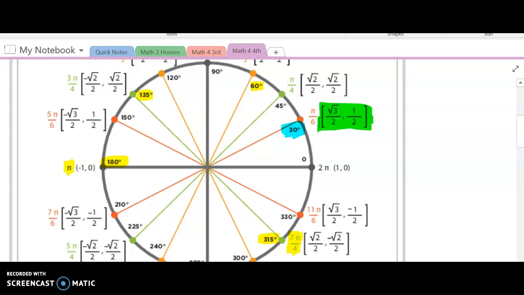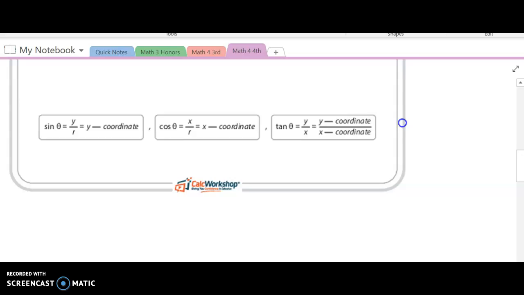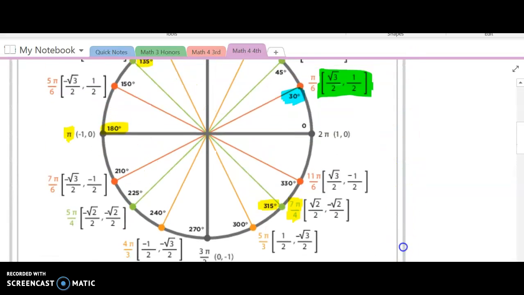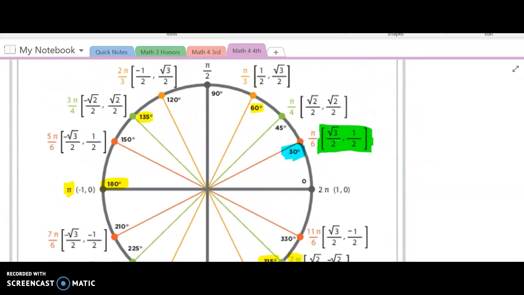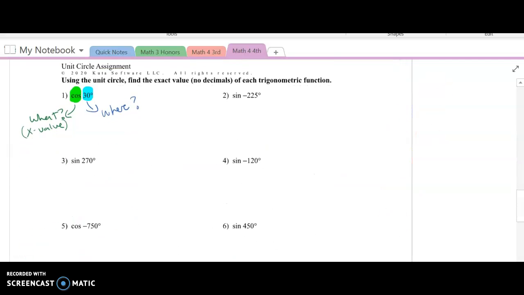Because we have cosine, we're going to get the x value. Remember, coordinates are set up with x comma y. So this one right here is my x value. And so my answer is going to be square root of 3 over 2.